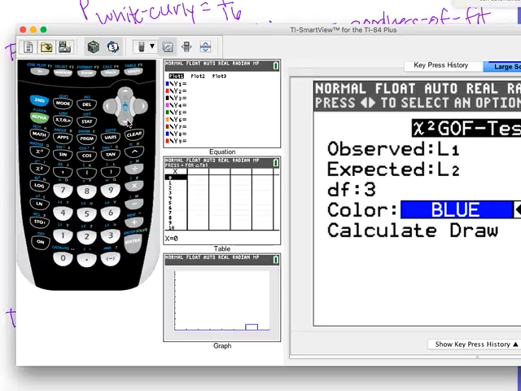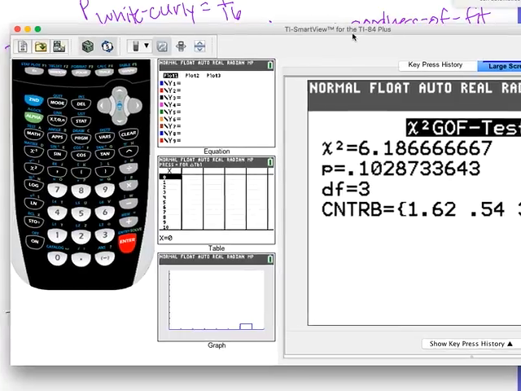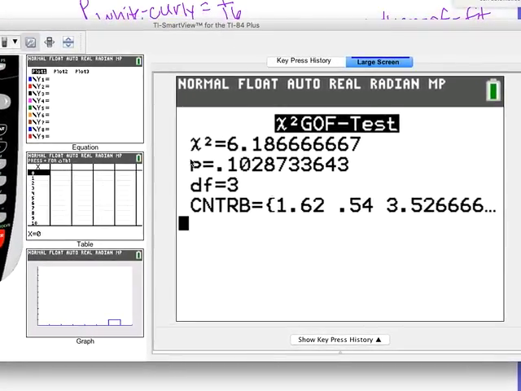Once you do that, then you should go to calculate, hit enter, and then it gives you your chi-squared, which is the 6.19, and it gives you your p-value.